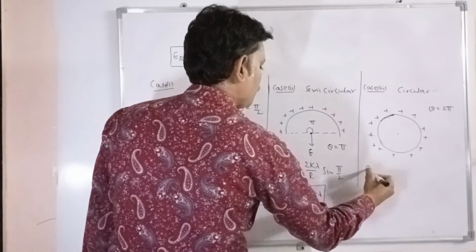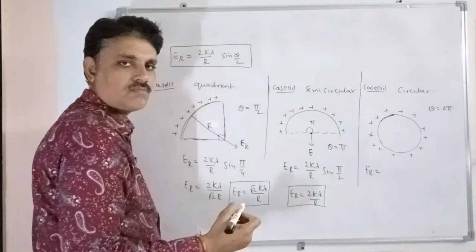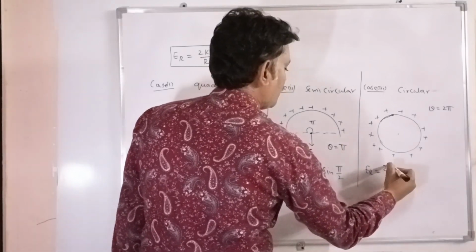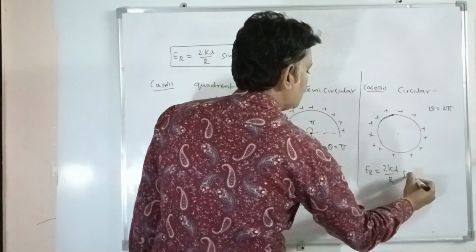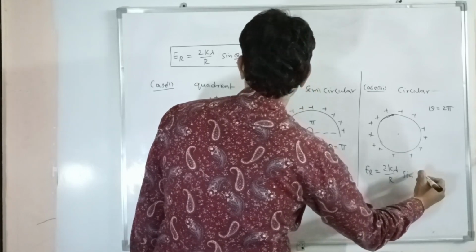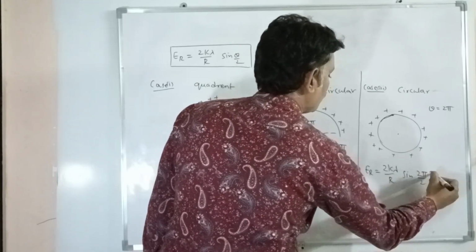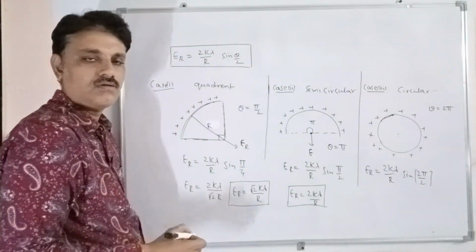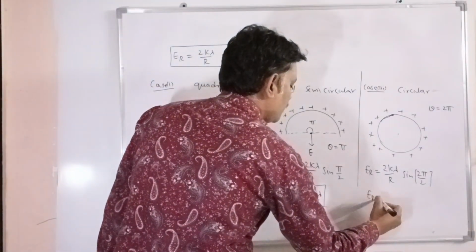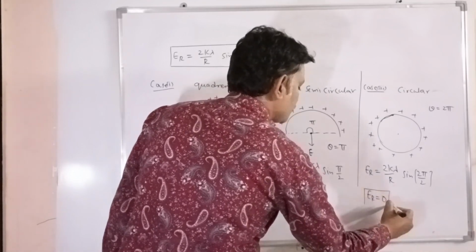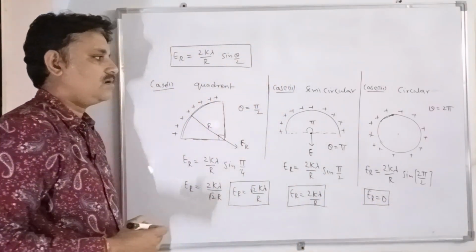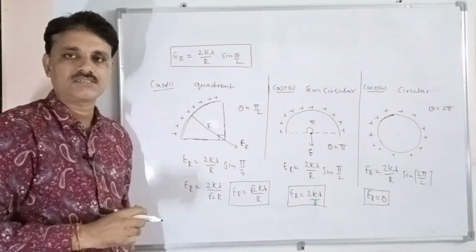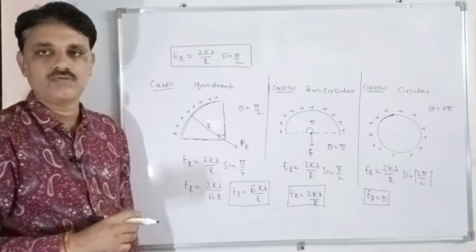So the electric field ER is equal to 2k lambda by r into sin theta by 2. Theta is 2 pi, so 2 pi by 2 is pi, and sin pi is 0. So the resultant electric field at the center is 0 for a circular charged arc. Okay. Let us discuss a few problems related to this concept.